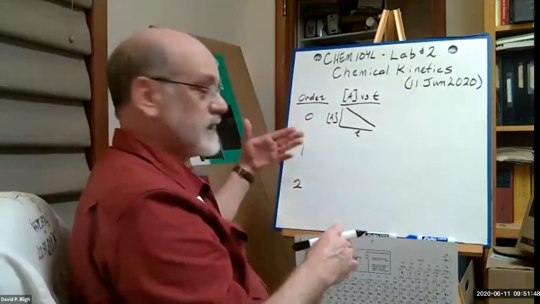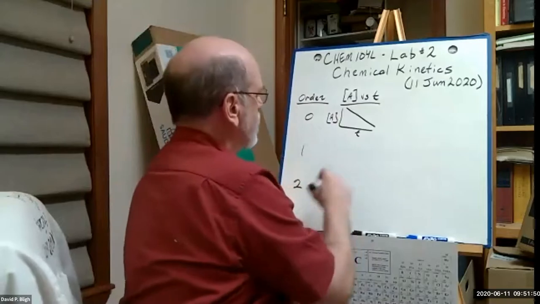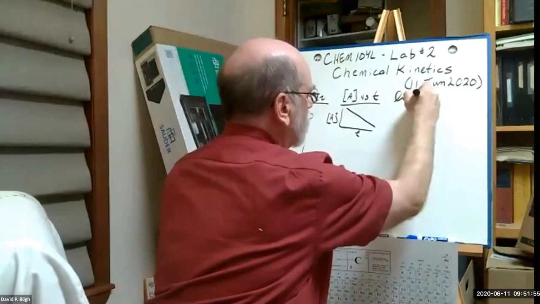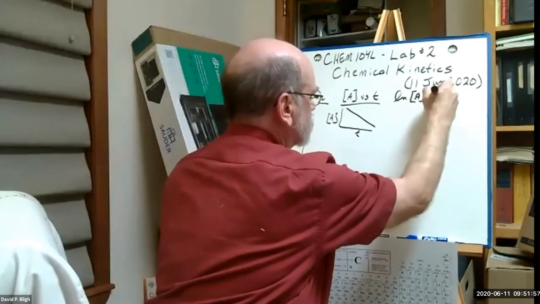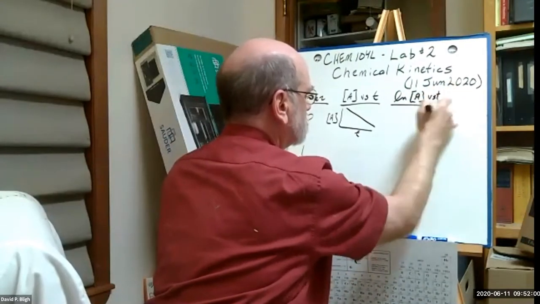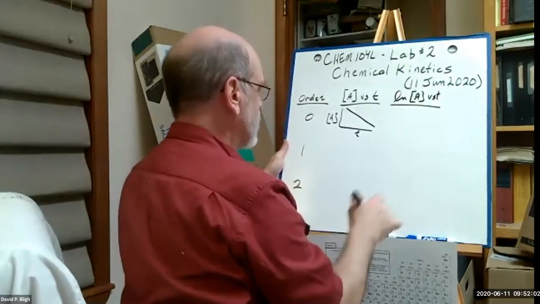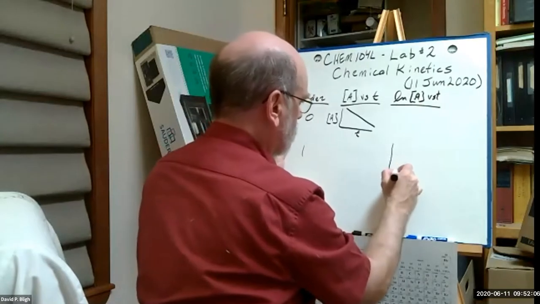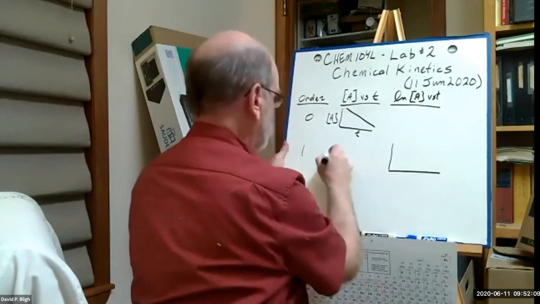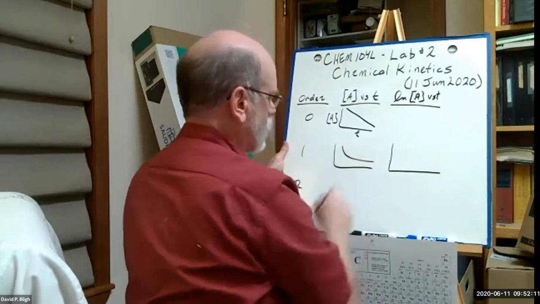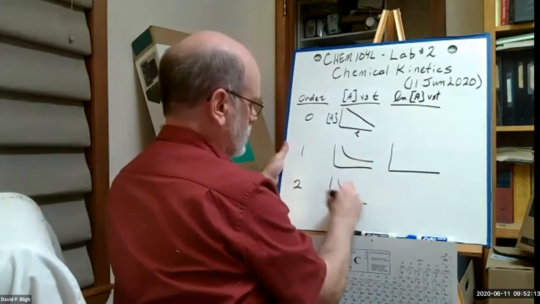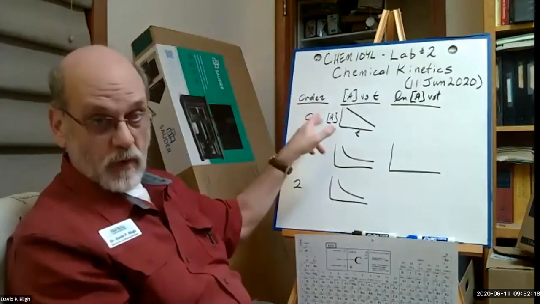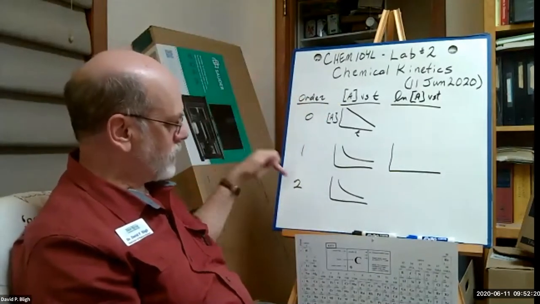In that case, if we plotted the natural log of absorbance versus time, okay, in that case, we would get, well, for this one, we would get a curve. And for this one, we would get a curve. Right? If it were zero order, we get a straight line here, curve there, curve there.